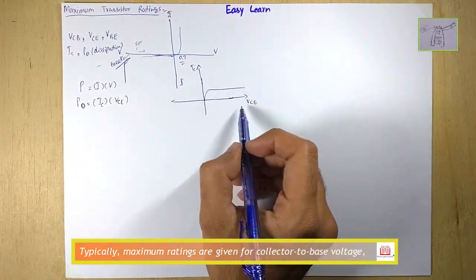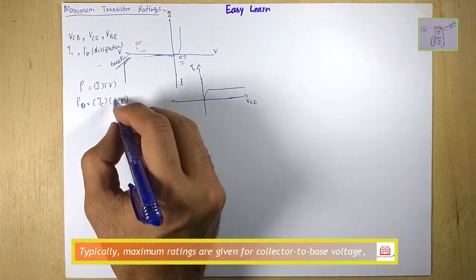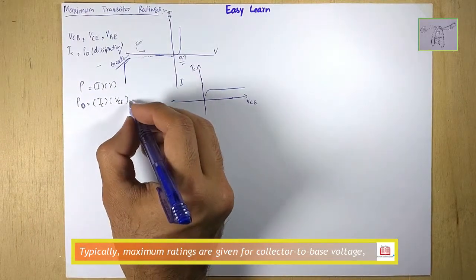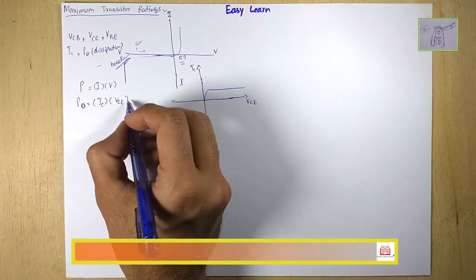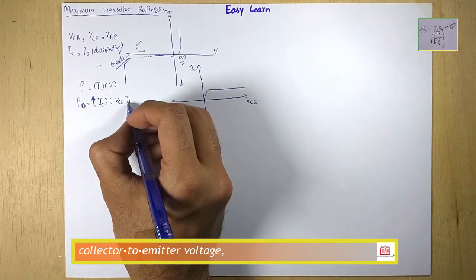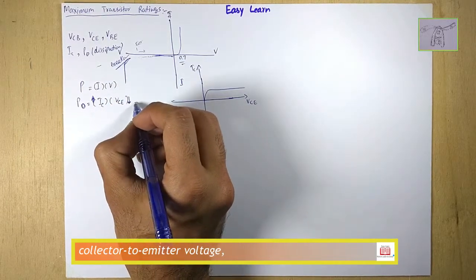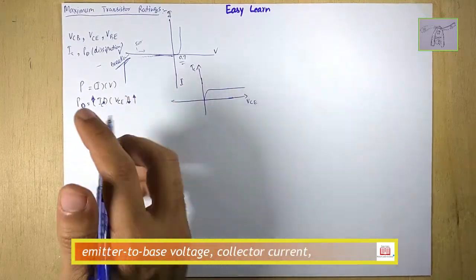So the current is collector current, and the voltage is collector-emitter voltage. When we talk about the PD rating, remember that this is an equality sign, and this is the product of the two terms. If we want to increase the collector current, we have to decrease VCE, and if we want to increase VCE, we have to decrease IC to balance this.